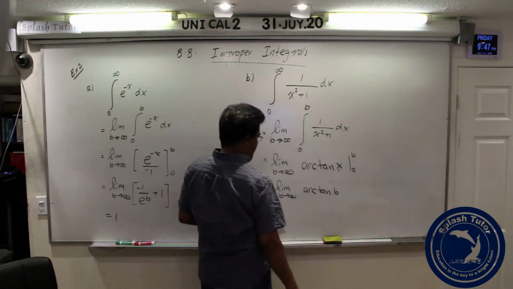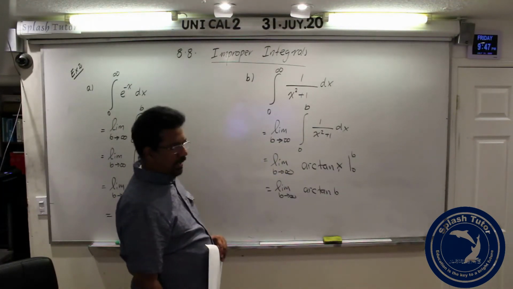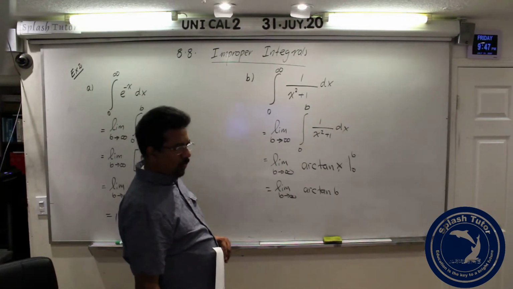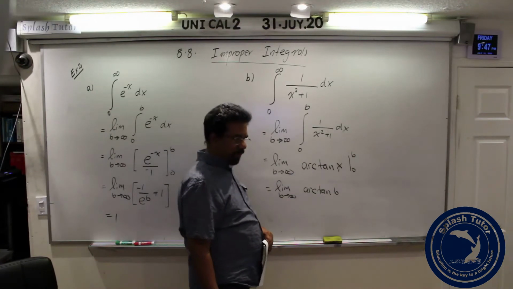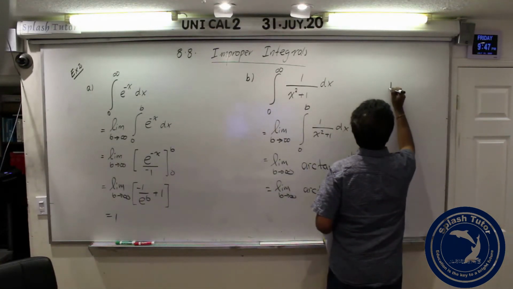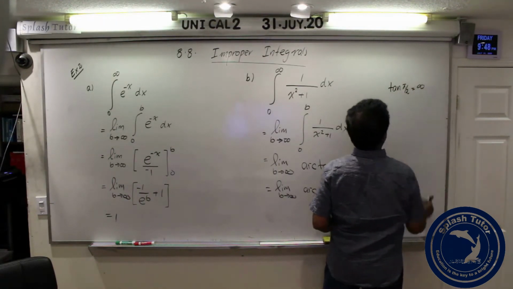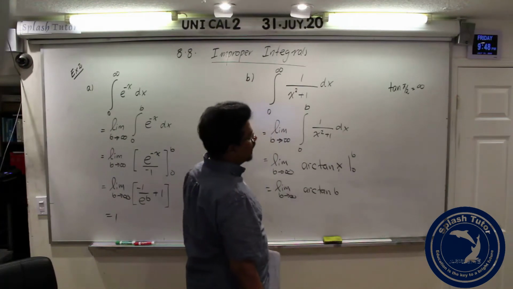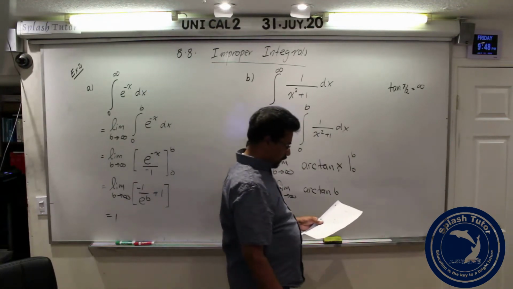Now what will happen to arctan b when b goes to infinity, right? What is that? Tan of pi by 2 is infinity, right? So that is equal to pi over 2, right?